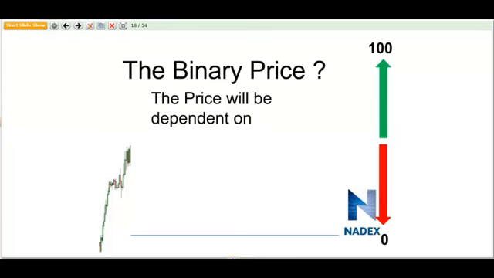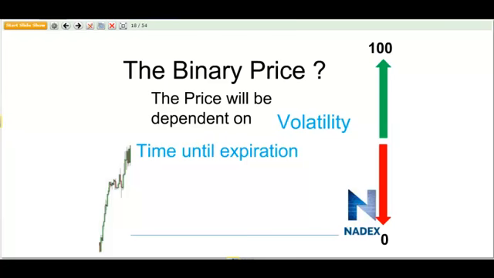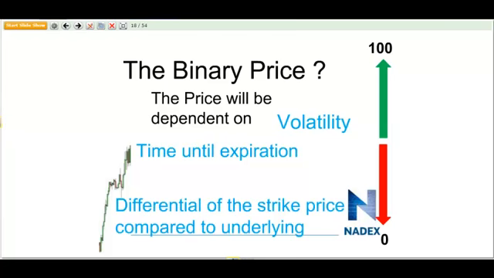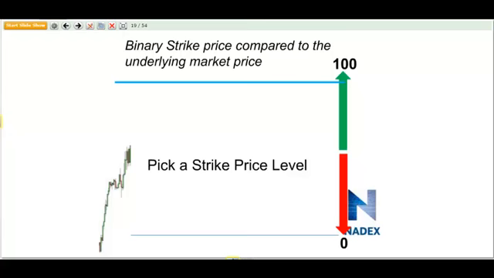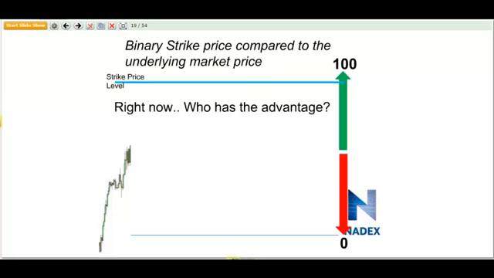But the prices of the binaries are dependent on time to expiration, volatility, and the differential between the strike compared to the underlying. So let's first take a look at the underlying compared to the strike price. We need a price level, so let's just say here's one. This is the strike price, and the market is right here.